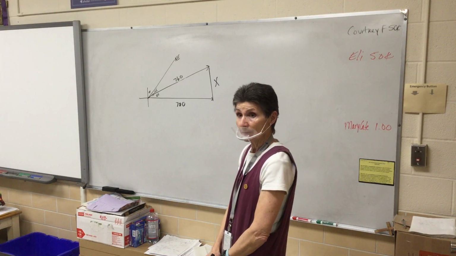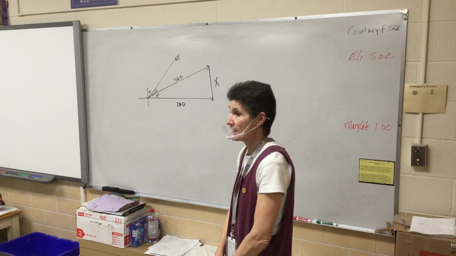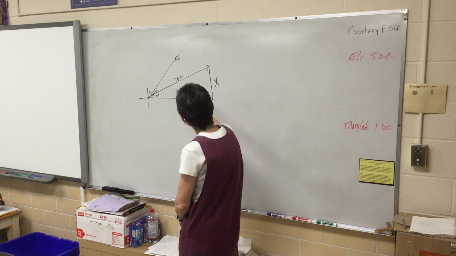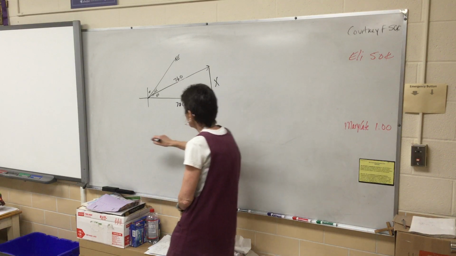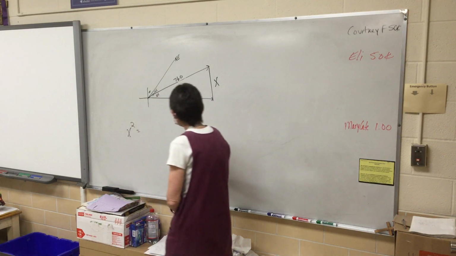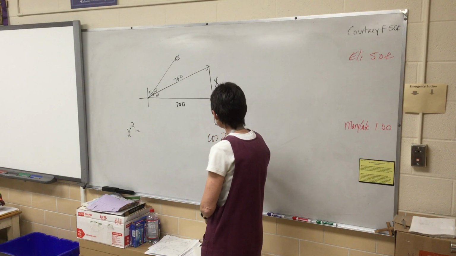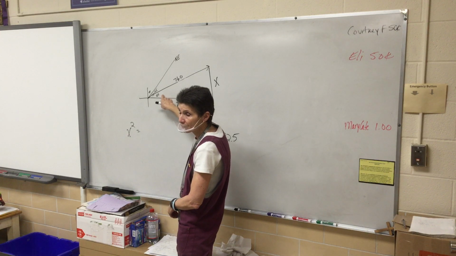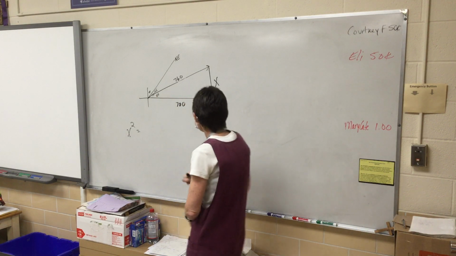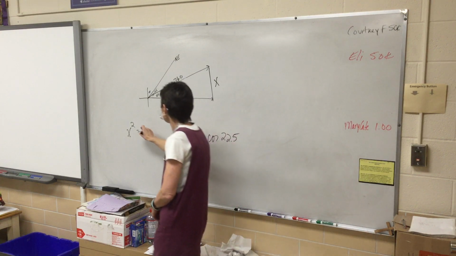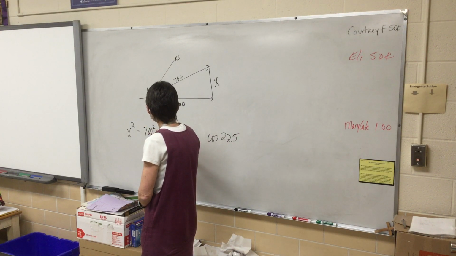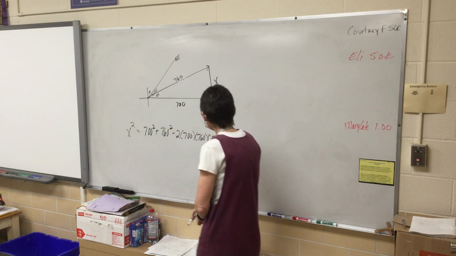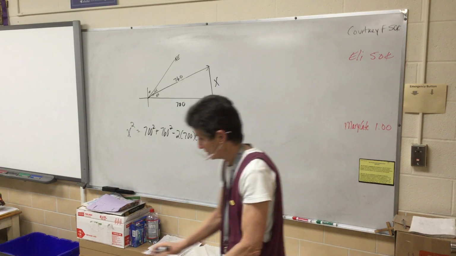Everybody okay with that triangle? All right, law of sines or law of cosines? Going to be cosines again because I don't have the right information. So x squared over here, cosine 22 and a half, because ultimately that was the angle that was between these two. And then 700 squared, 760 squared, minus 2, 700, 760, cosine 22 and a half.